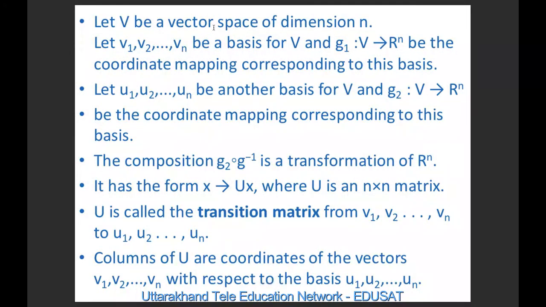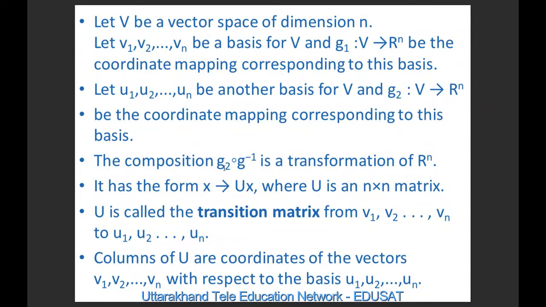Let V be a vector space of dimension n, and v1, v2, ..., vn be a basis for V. Let g1 be a mapping from V to Rn, the coordinate mapping corresponding to this basis, and let u1, u2, ..., un be another basis for V. This is one basis set and this is another basis set, and g2 is a mapping from V to Rn, the coordinate mapping corresponding to this basis.